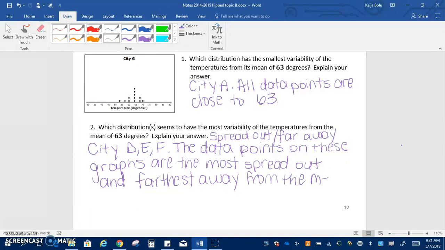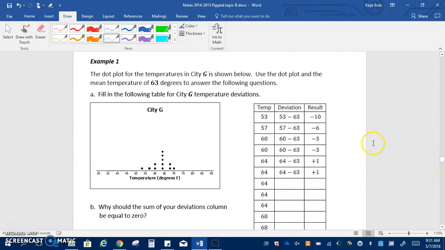Okay, so once you have that written down, go ahead and flip the page, and we're going to take a look at example 1 here.